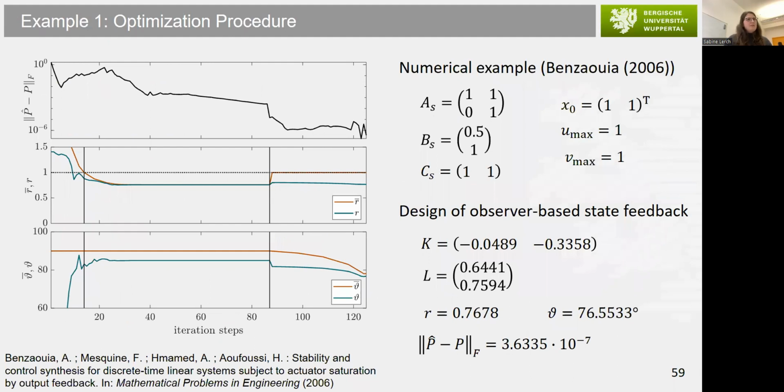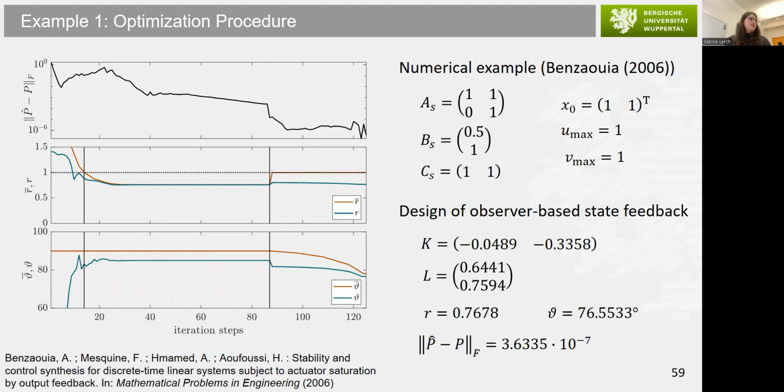To show a few examples. First of all, I want to show the procedure on a numerical example taken from the literature. We designed here an observer-based state feedback, and the 3 stages are visualized here, 1, 2, and 3.